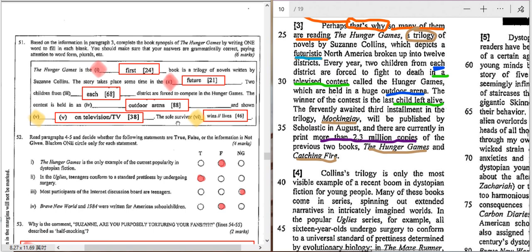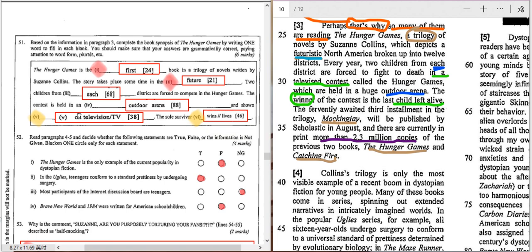So it's basically saying the same thing. The sole survivor is the last child who is left alive, and that person would be the winner. In other words, the survivor, the only survivor, the last child wins, lives.